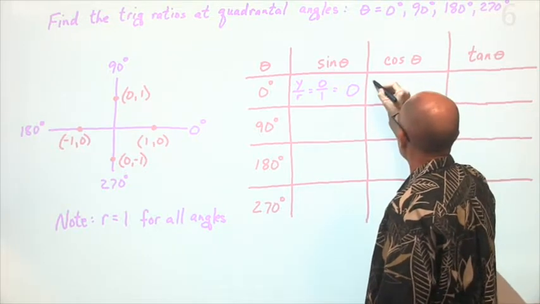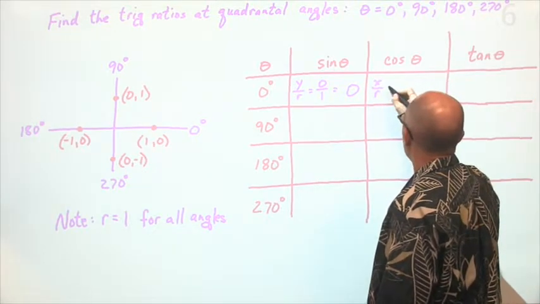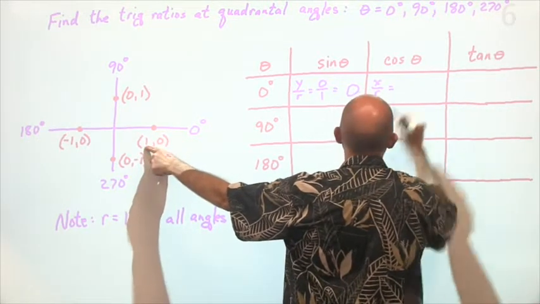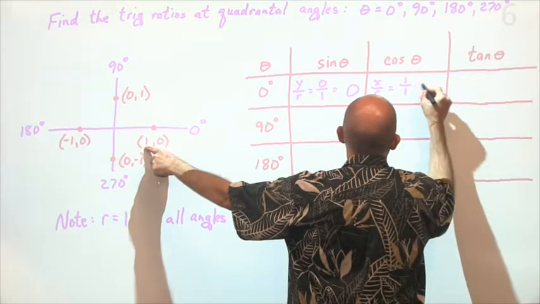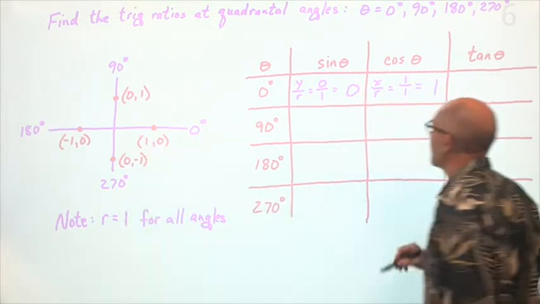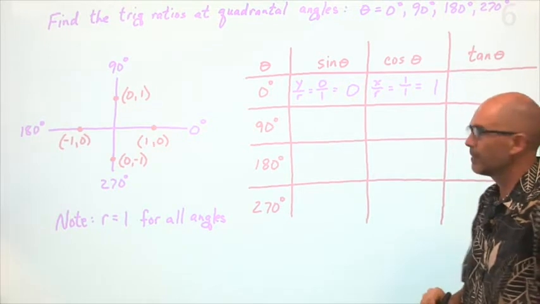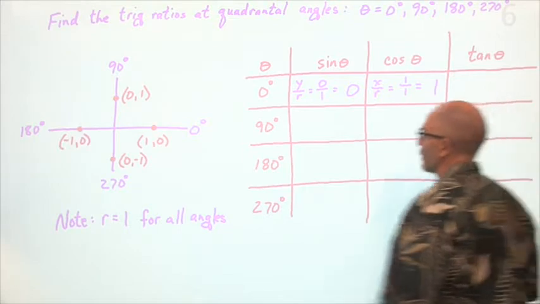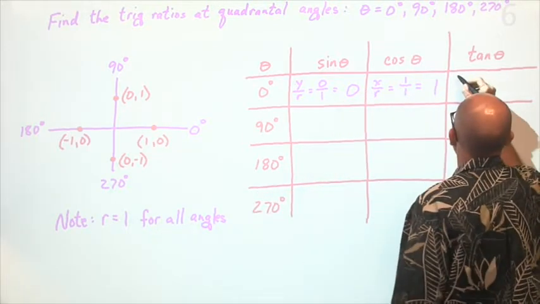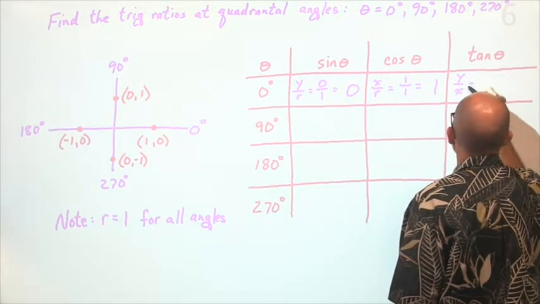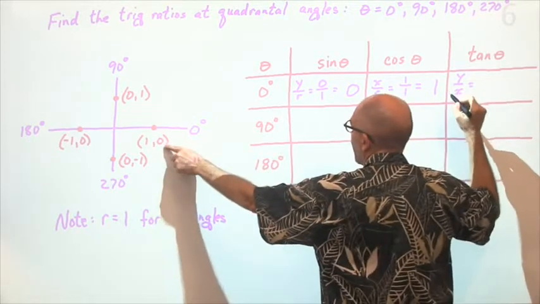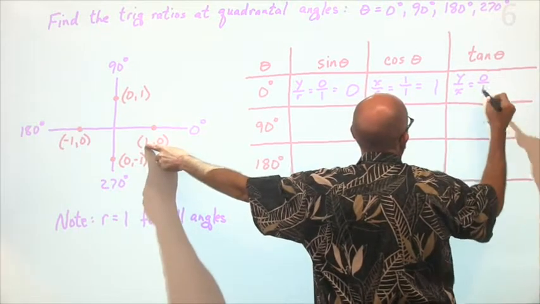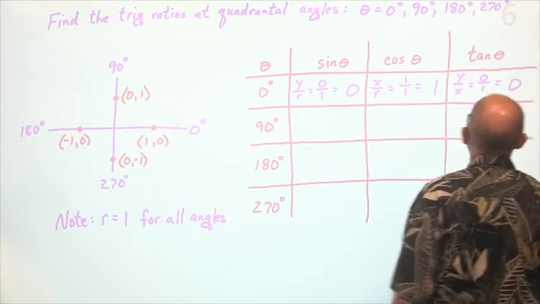Cosine is x over r, and at 0 degrees, the x value is 1. So the cosine of 0 degrees is 1. Then tangent of 0 degrees. Tangent is y over x, which equals 0 over 1, which is 0. So tangent of 0 degrees equals 0.